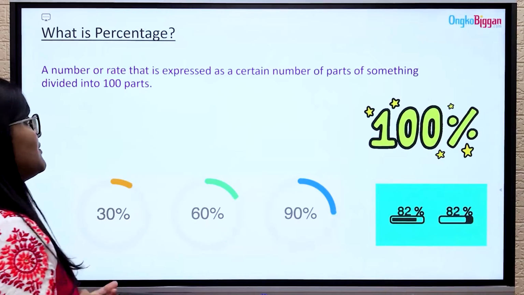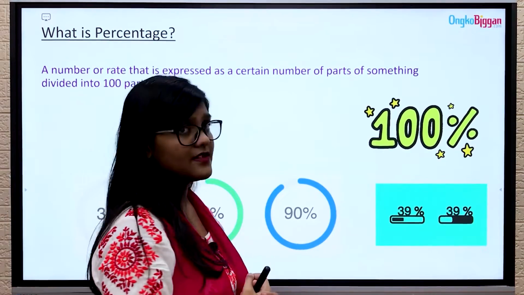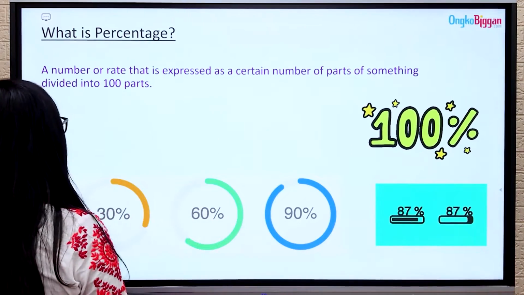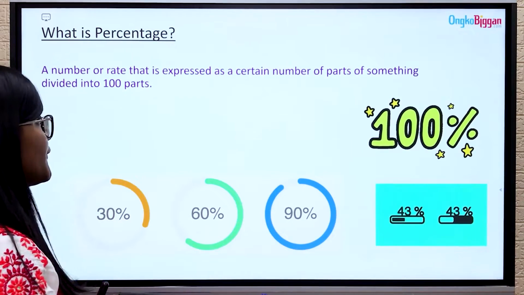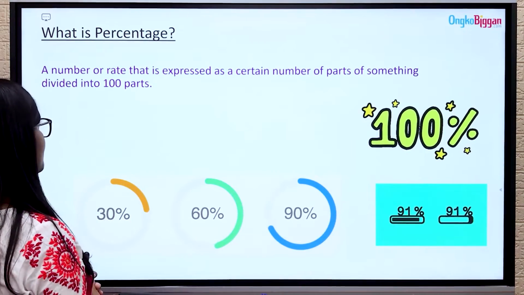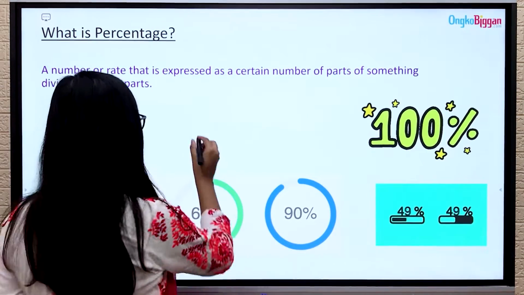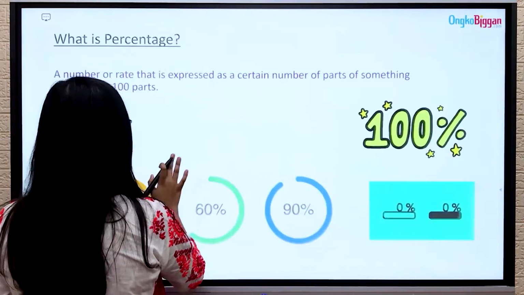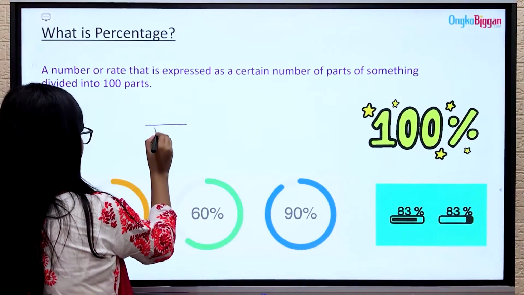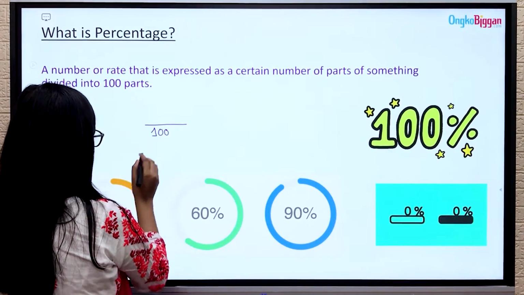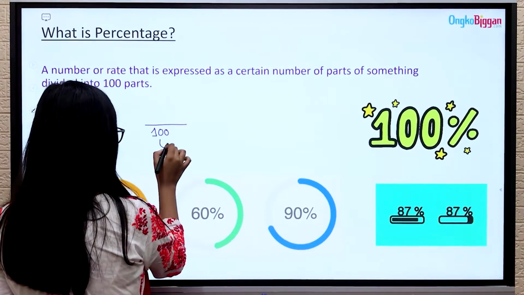Okay. So what is the definition for percentage? A number or rate that is expressed as a certain number of parts of something divided into 100 parts. That means in case of fraction, we write the total amount of portion in the denominator.